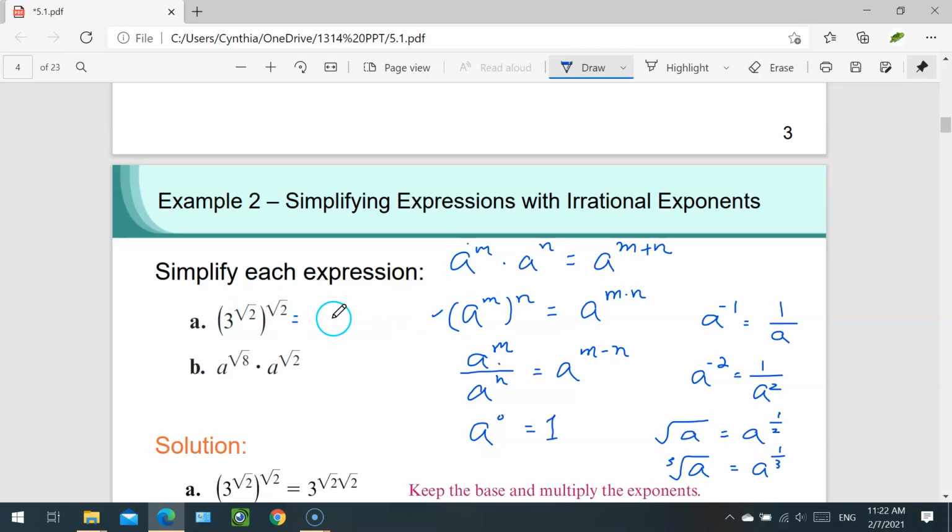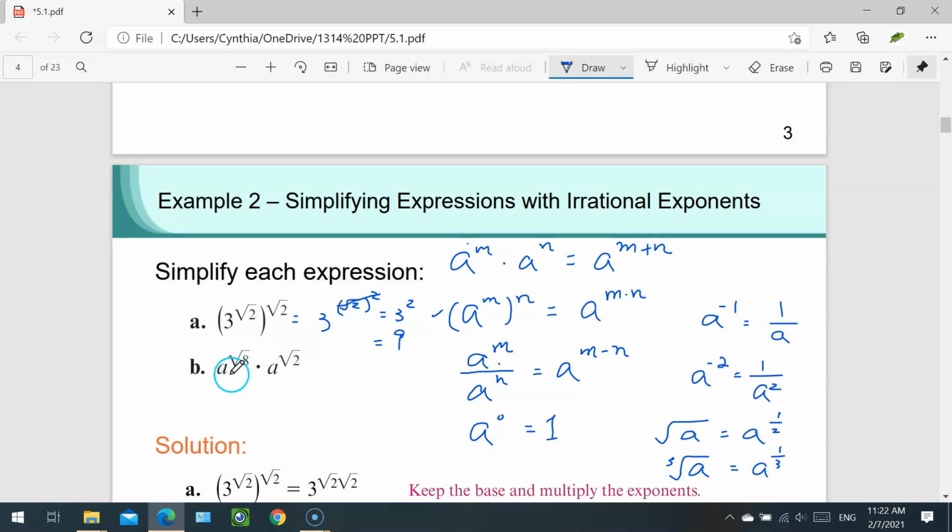I multiply the two powers together. Root 2 multiplied by root 2 gives 2. The power 2 cancels out with the square root sign. So it turns out to be 3 to the power 2, which is 9.